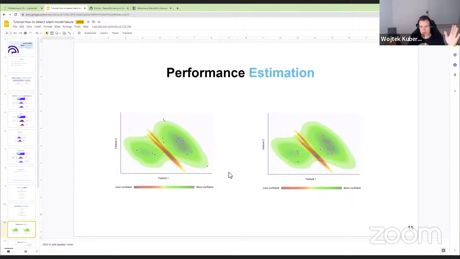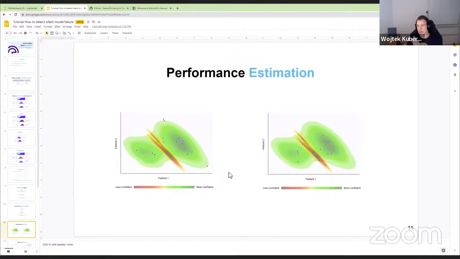Then we're going to take every single point in our production data set, point by point, and say whether it's a positive or negative prediction. And we know for a fact which it is, depending on whether it's above or below the threshold.